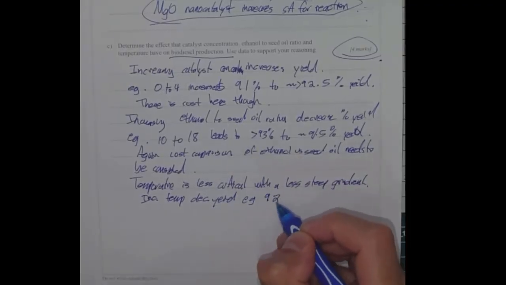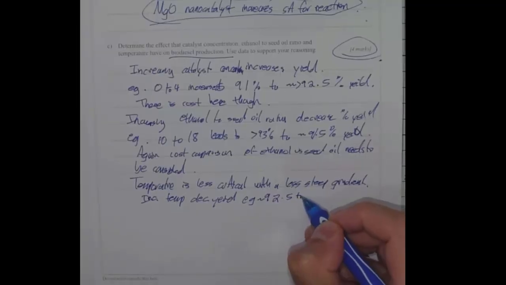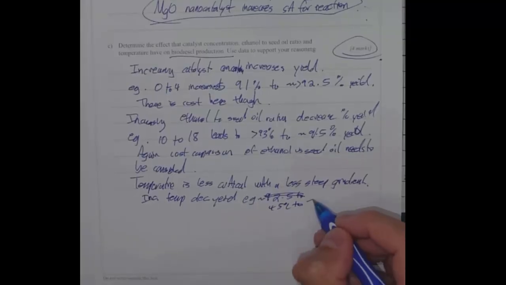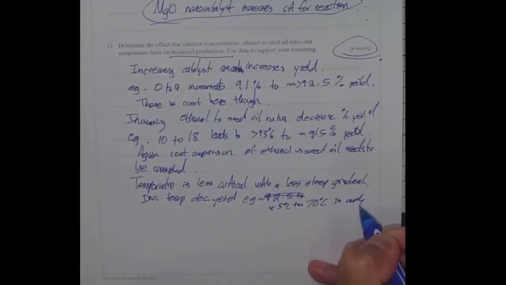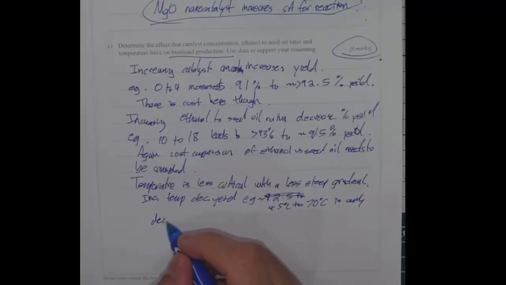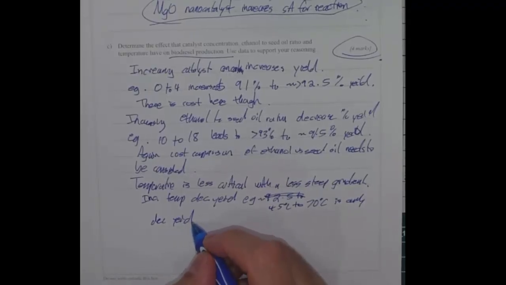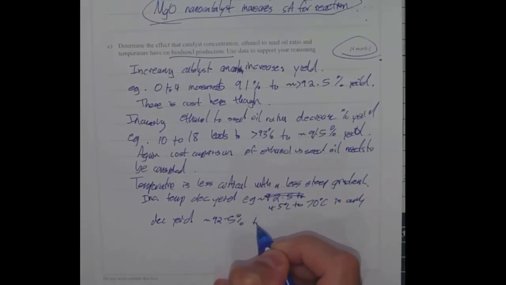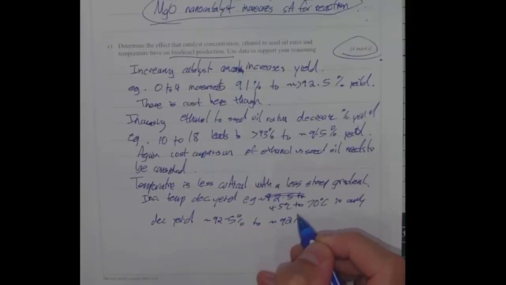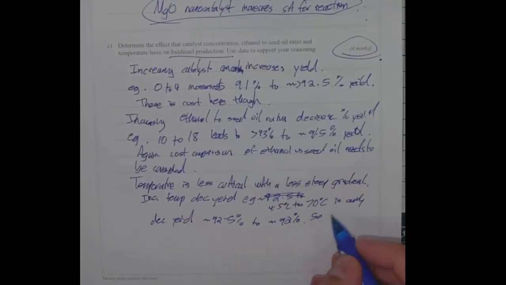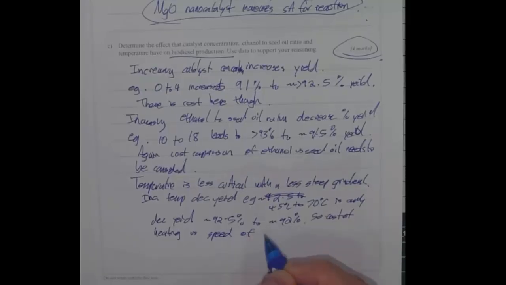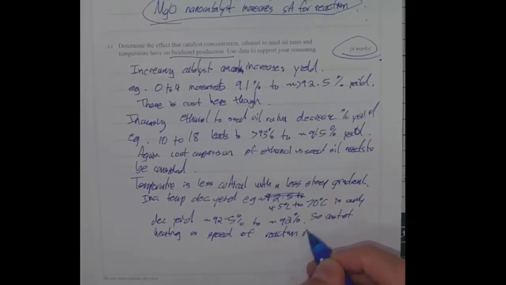Example: around 45 degrees to 70 degrees Celsius is only decreasing yield from around 92.5% to around 92%. So cost of heating versus speed of reaction needs to be considered.